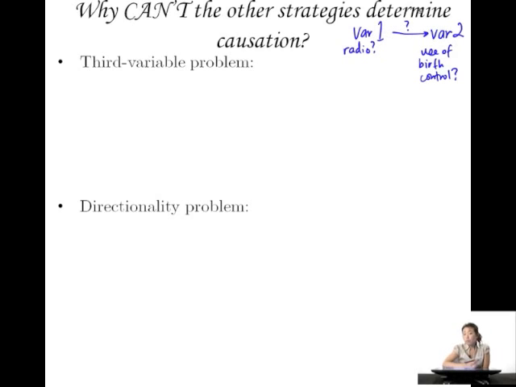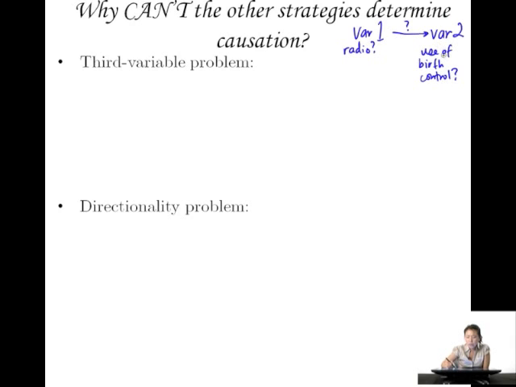Now, one thing you could do is ask people whether they have radios, and then ask people how much they use birth control, right? Studies like that would largely be a non-experimental design, because radio versus no radio is a categorical variable, and use of birth control might be how many times you use birth control in a month, which is maybe continuous.